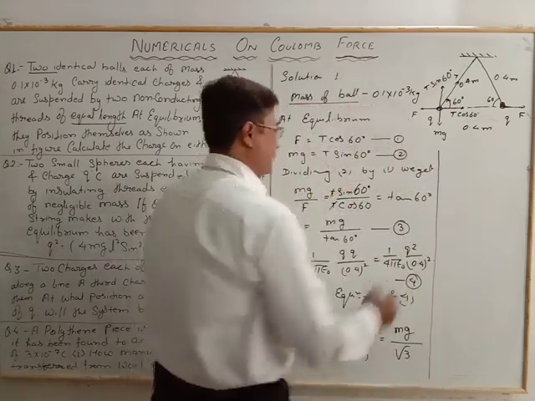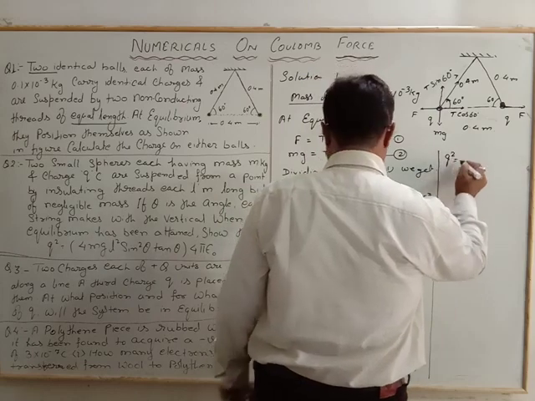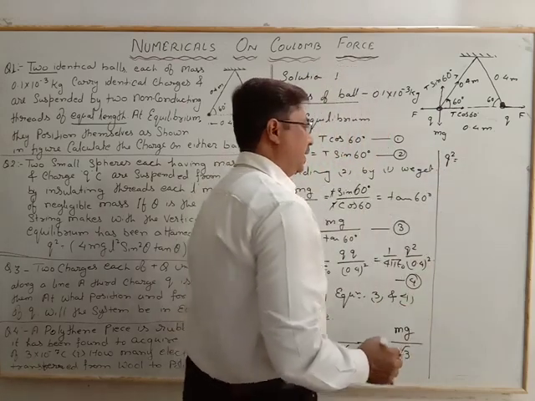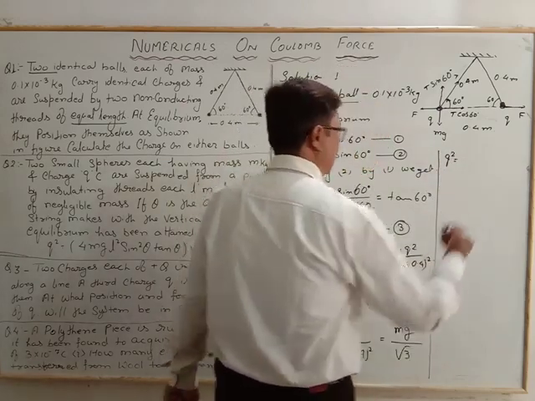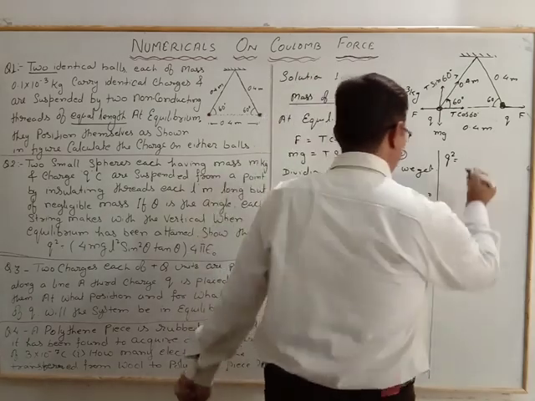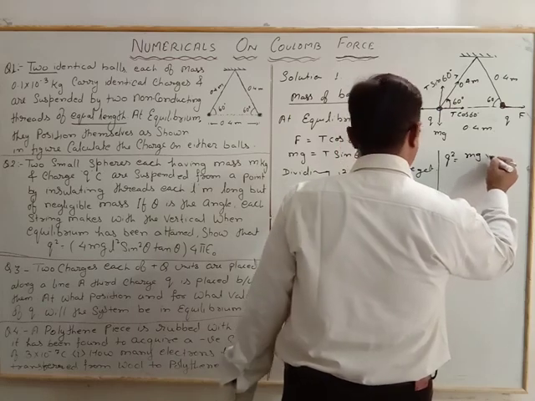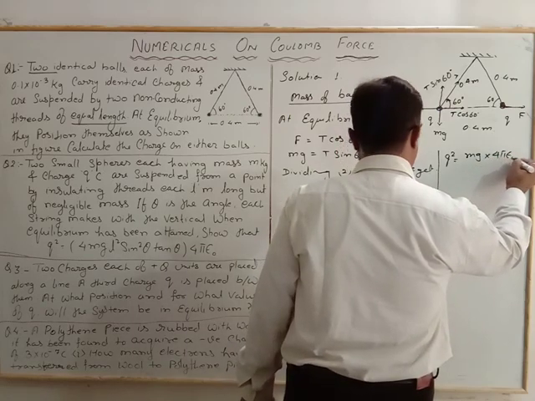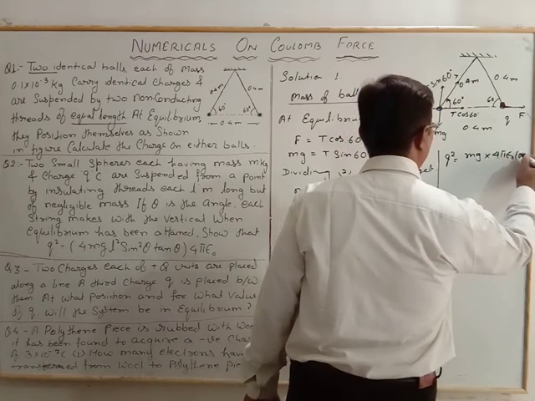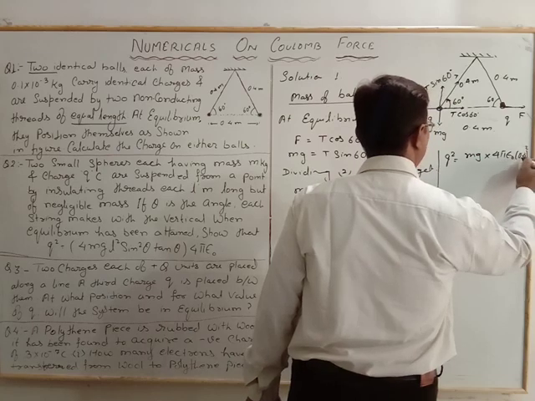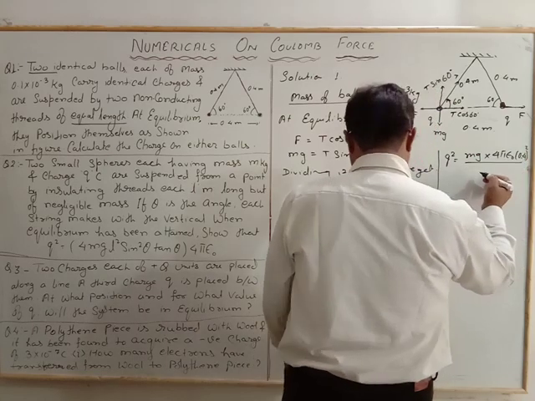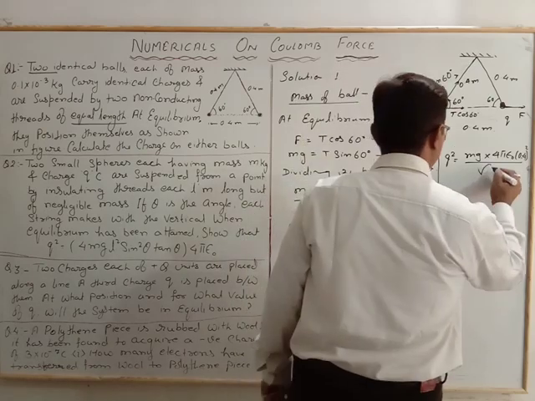So Q² is equal to, moving all these terms by transposition, mg × 4πε₀ × (0.4)² by root 3.